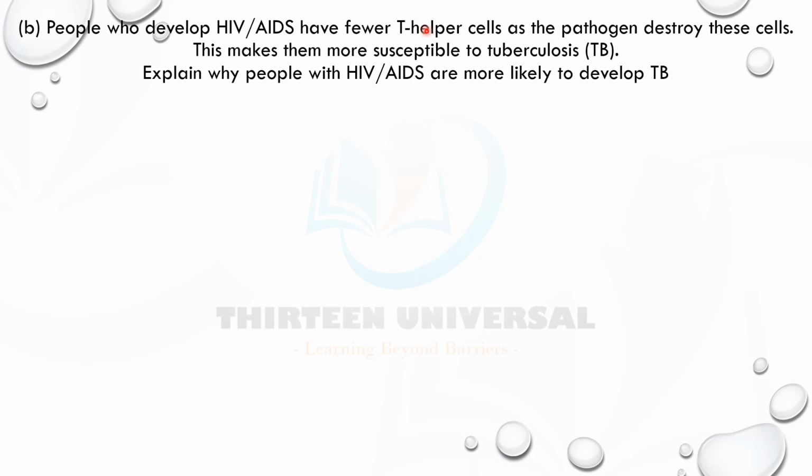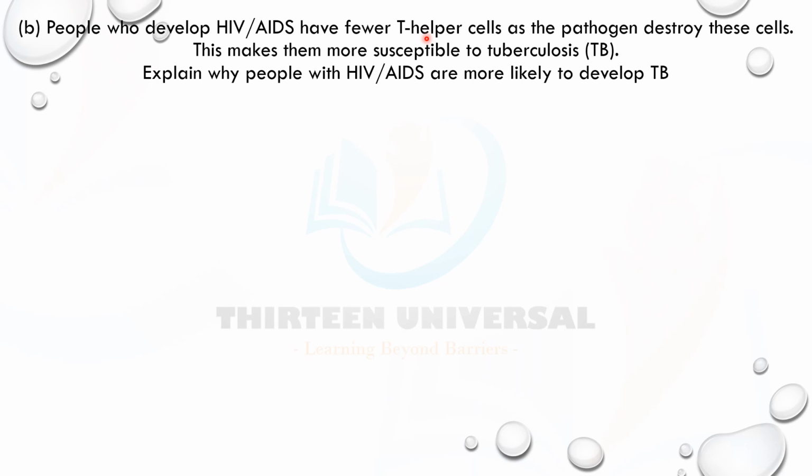When there are fewer T helper cells, fewer cytokines can be released, because T helper cells release cytokines. Fewer T helper cells leads to fewer cytokines, so fewer macrophages are stimulated to carry out aggressive phagocytosis, and fewer B lymphocytes are stimulated to divide by mitosis.